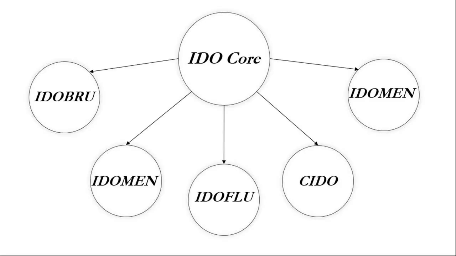Here are some examples, with this arrow indicating extensions. So you start with IDO Core, and then you extend to, on the far left, a brucellosis ontology. And then after that, you have a meningitis ontology, and then a flu ontology. Again, these are specific infectious diseases. Right here, one that we will talk about at some length is CIDO, recently developed and added to the OBO Foundry library. It is the Coronavirus Infectious Disease Ontology.